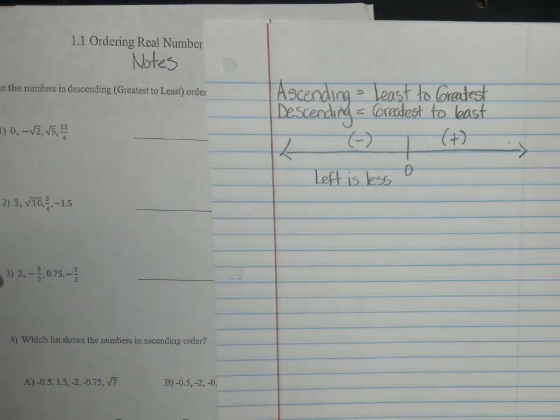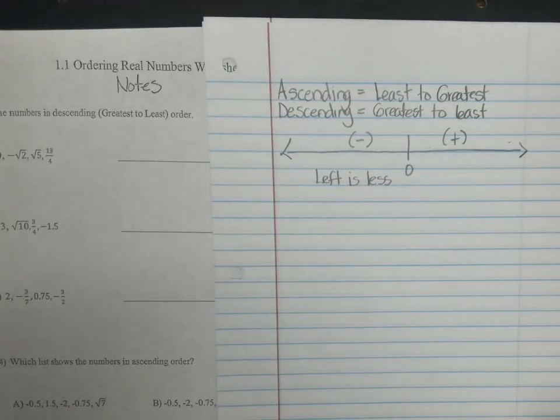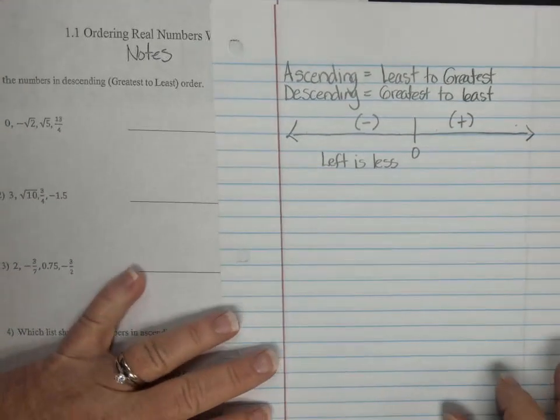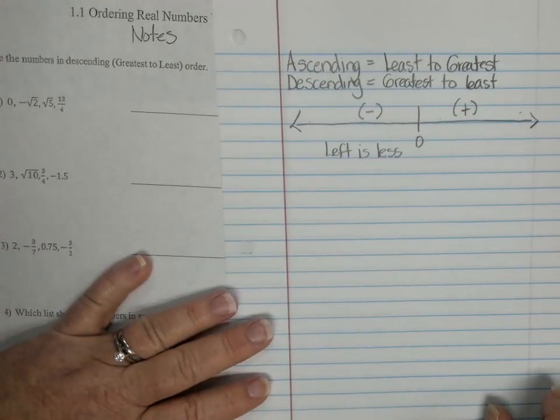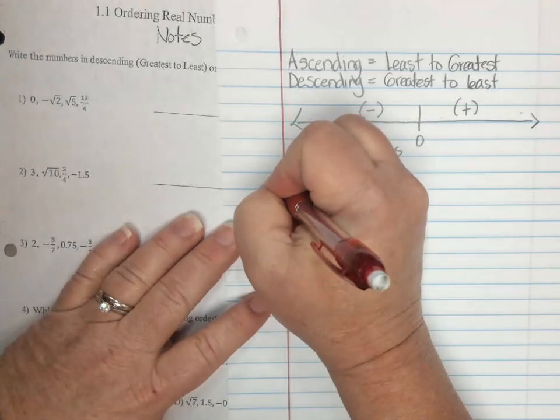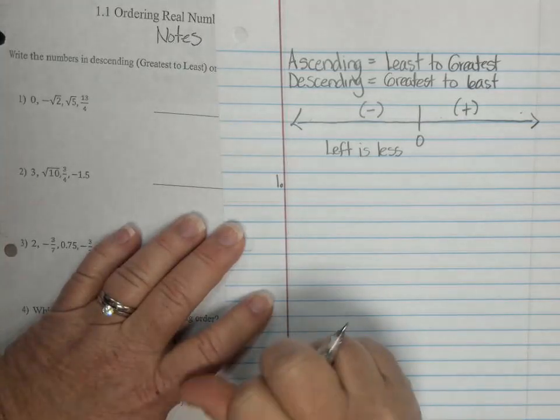So we're going to look at number 1. It says write the numbers in descending, which is greatest to least, order. This is what I'm going to require. You're going to do this on notebook paper, and we are going to put number 1, use each line, okay? These are your options.